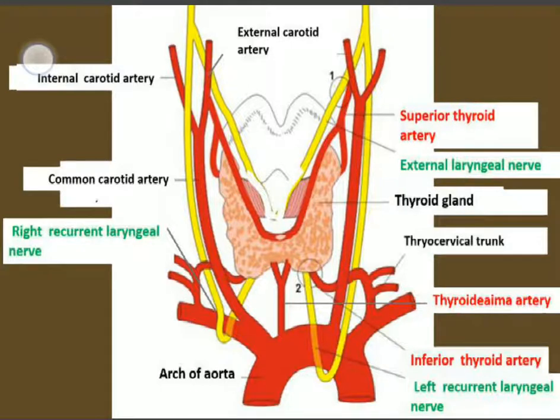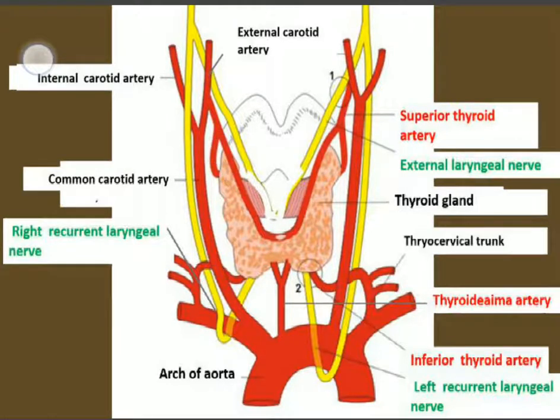Anterior branch descends along the anterior border of the lobe and continues along the upper border of the isthmus. So anterior branch is descending along the anterior border of the lobe and the upper border of the isthmus, and it anastomoses with the branch of the opposite side.